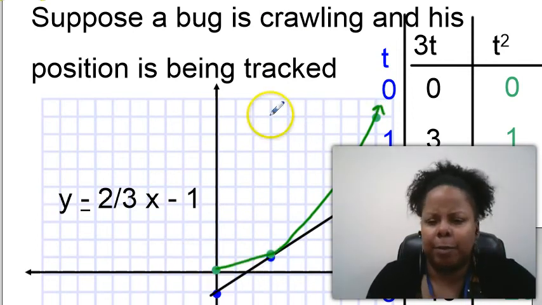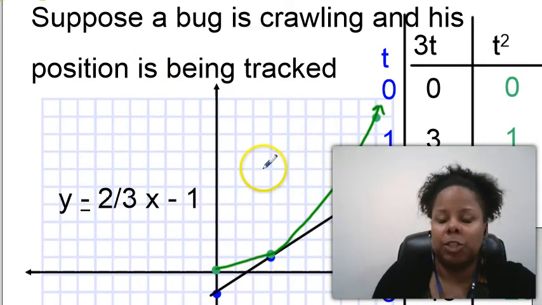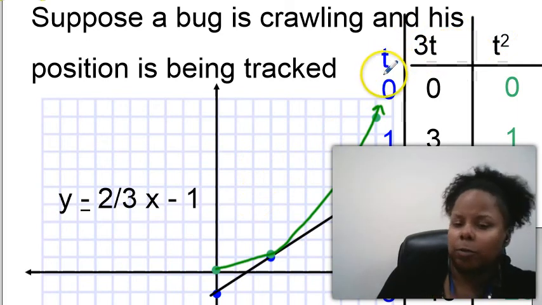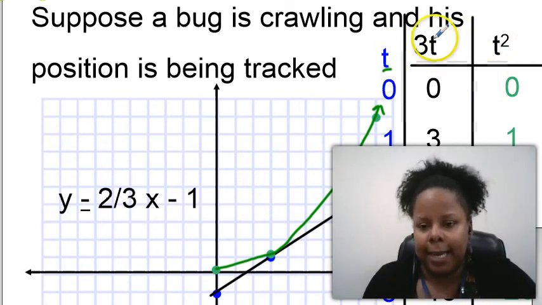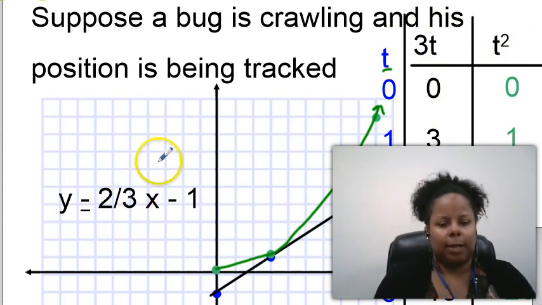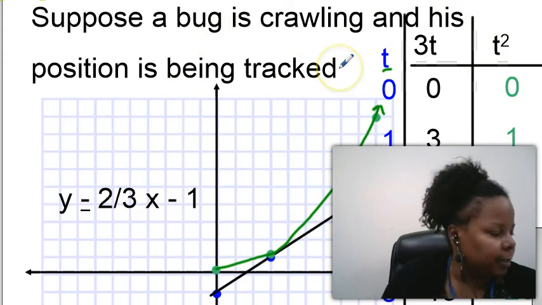And of course, this parabola has its own equation as well. But the path of the bug is changed based off the y coordinate, which is based off of t and not x. X stays the same, but y changes. And so this is an example of a different set of parametric equations involving t.